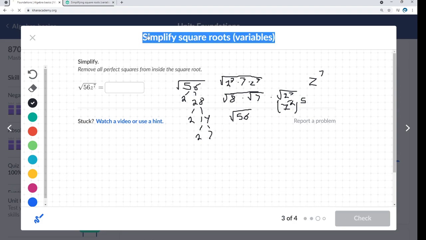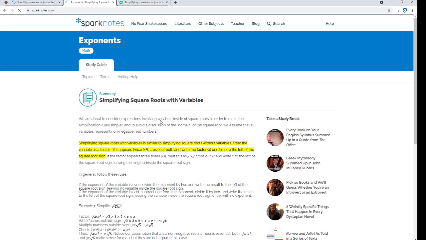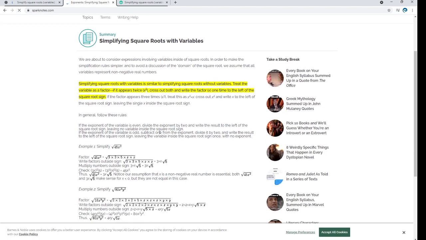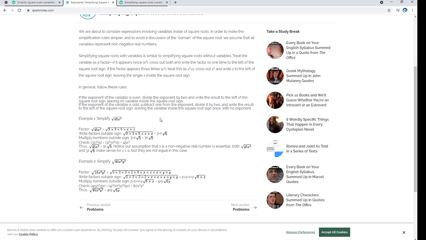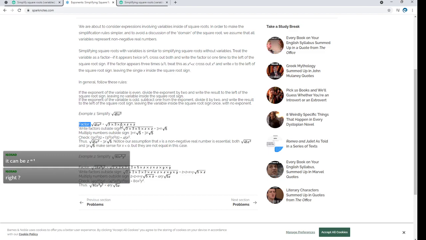What if I just Google this? Simplifying square roots with variables. Okay, so here's an example. It's a very simple example. Square root of 45 times x to the second is written out as 3 times 3 times 5 times x.